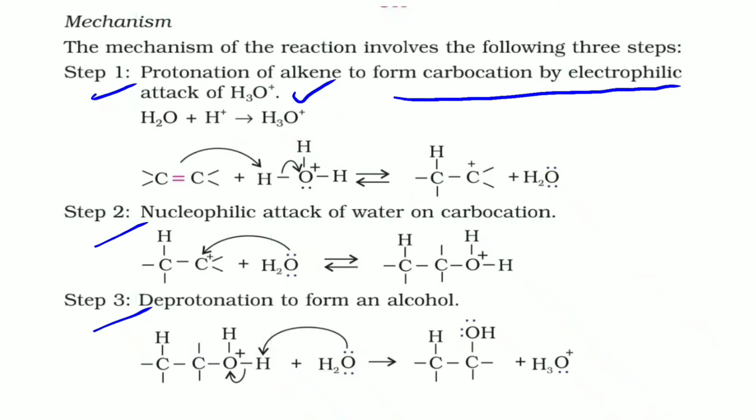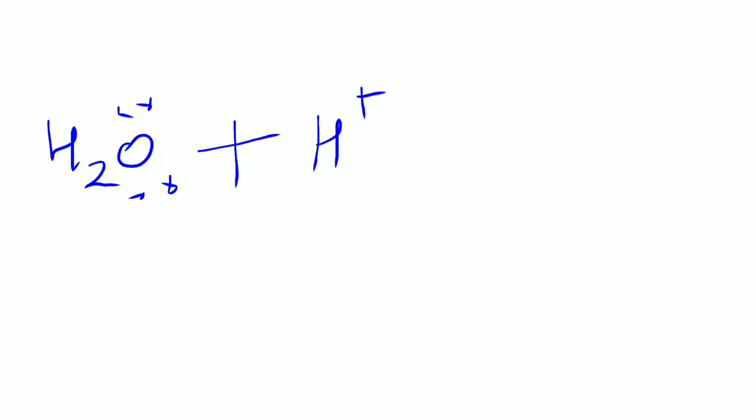So how is that hydronium ion formed? First of all, when you look into the water, because the reaction is with the water, the oxygen in the water has 2 lone pairs of electrons, right? When it reacts with H plus, what is H plus?